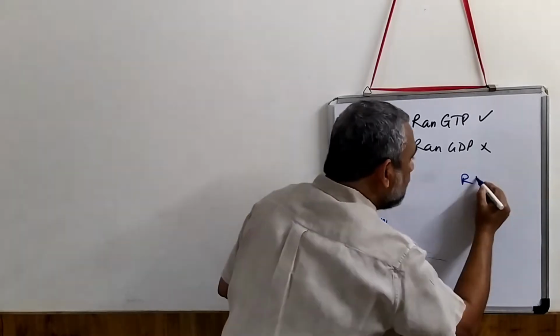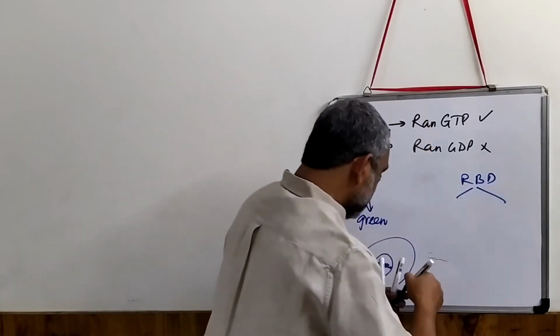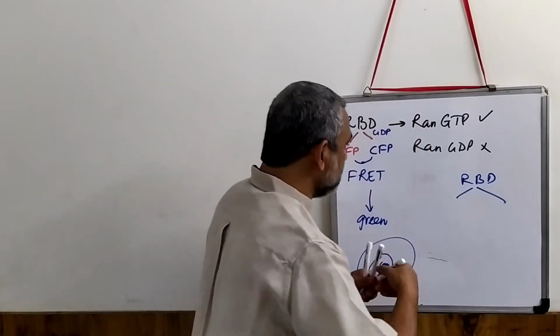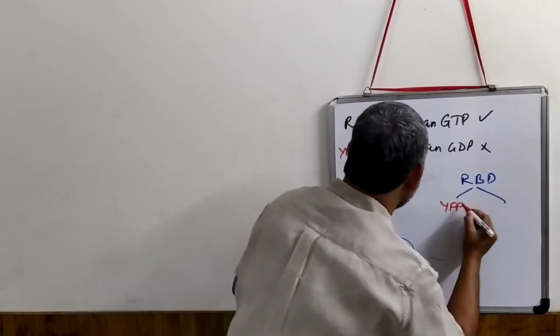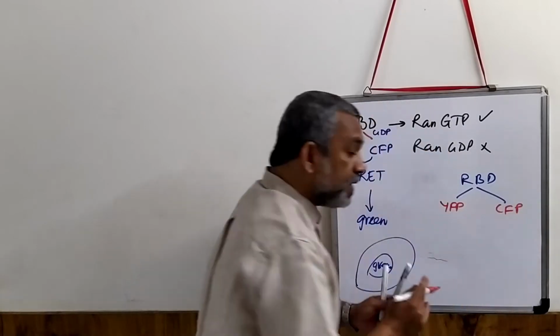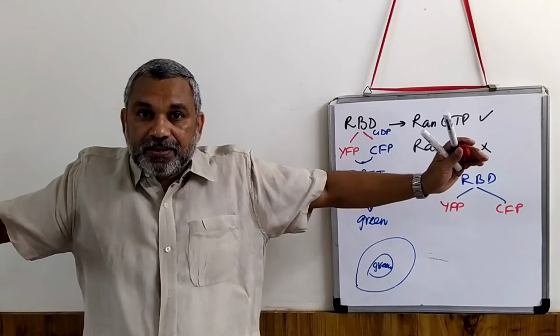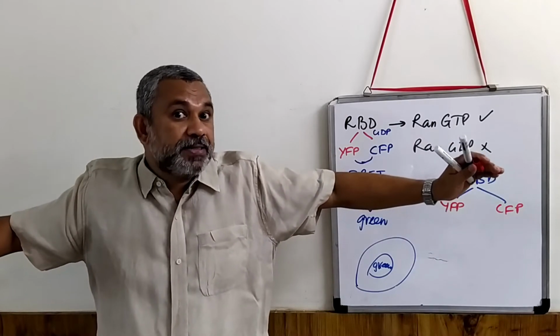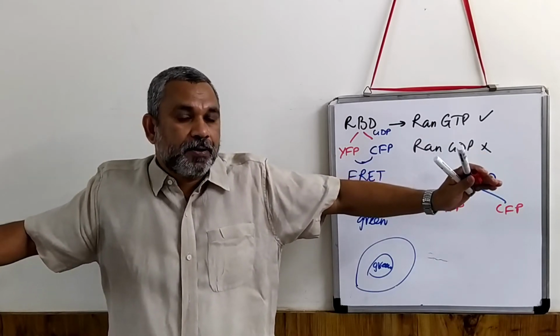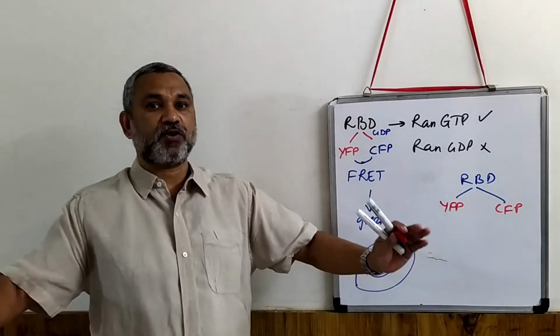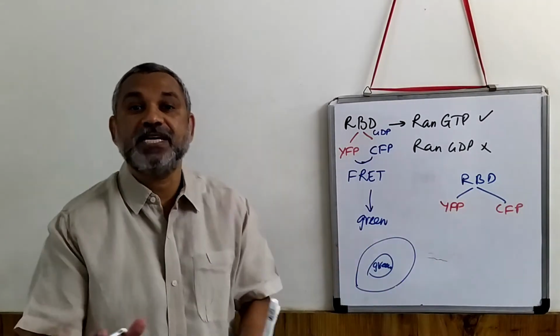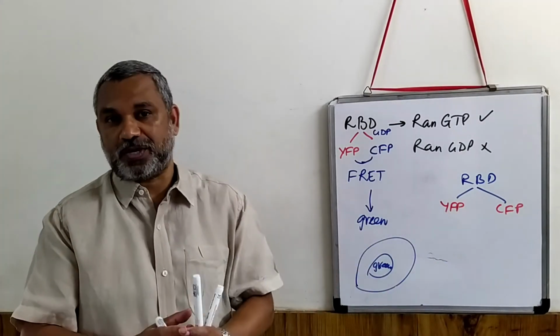So in the RBD, the YFP and CFP will remain separate, and there is no energy transfer occurring. When there is no energy transfer occurring, what is observed is a blue fluorescence.